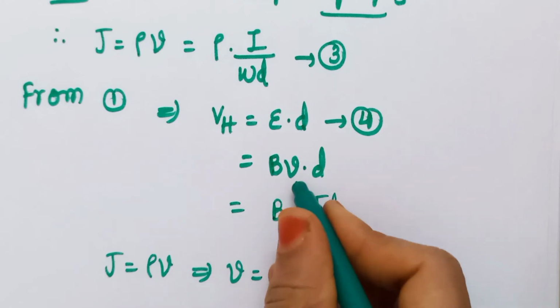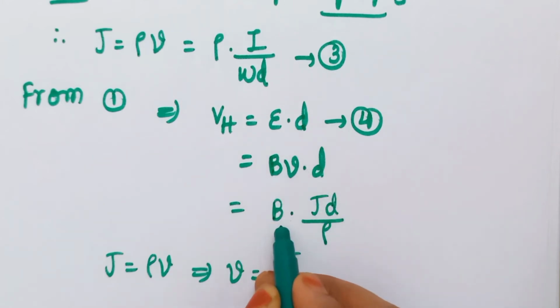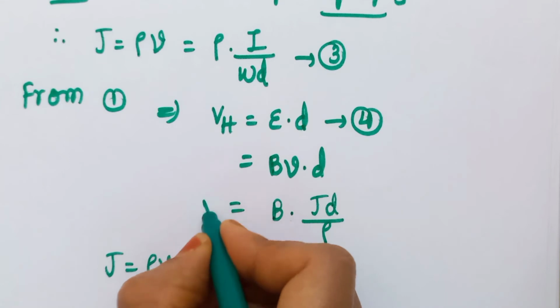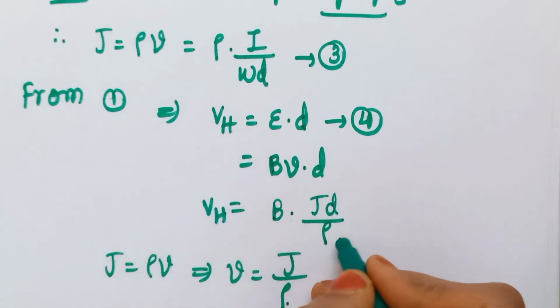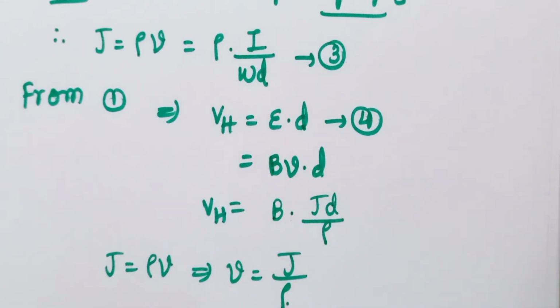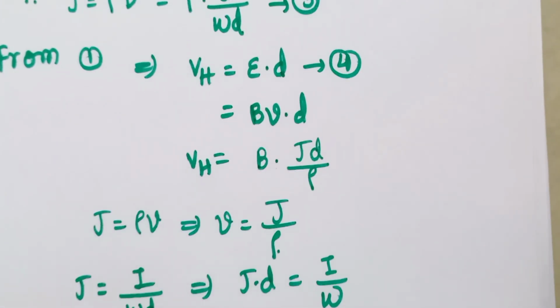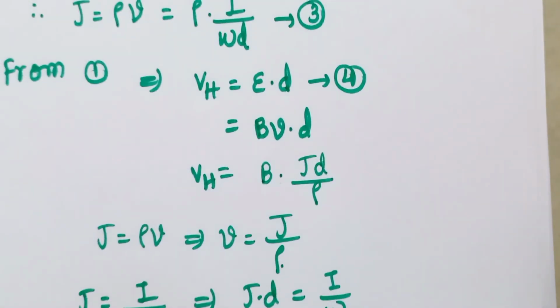So if we substitute the value of J here, we get VH is equal to B into J d by rho. So J is equal to I by W d, that implies J d is equal to I by W. So substitute this J d in equation number 4.